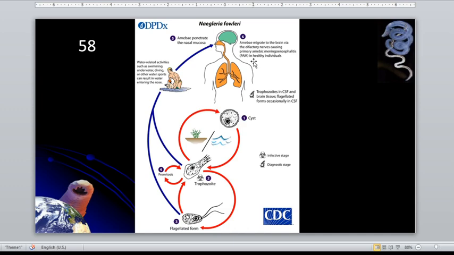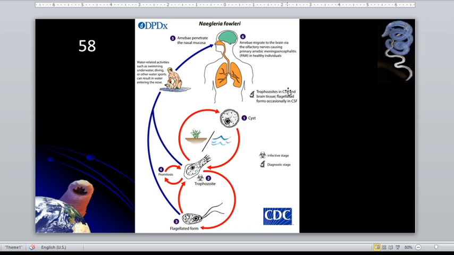If Acanthamoeba has GAE, Naegleria fowleri has PAM, primary amoebic meningoencephalitis, even in healthy individuals. Therefore, guys, the immune system does not protect us from Naegleria fowleri, because the parasite can inflict disease even on healthy individuals.